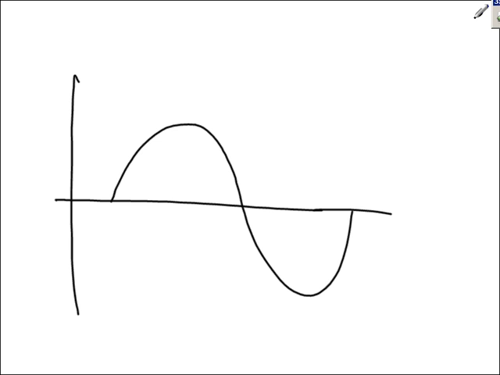For example, if this was sine of x minus pi over 4, how would you graph the cosecant of x minus pi over 4? How do you graph this?